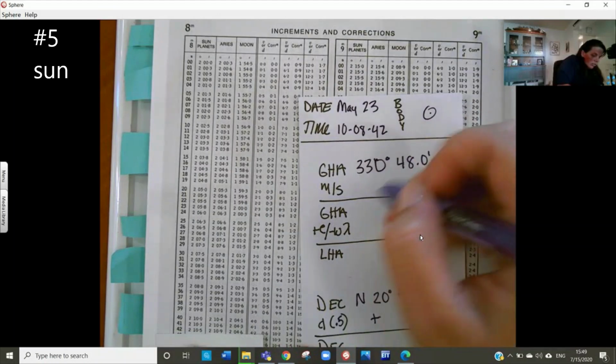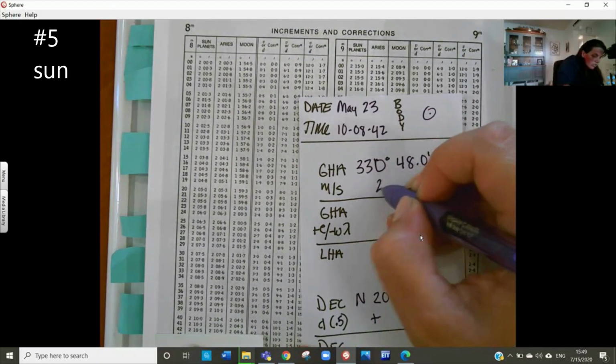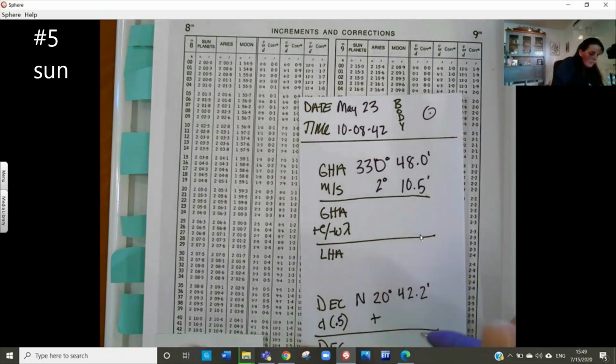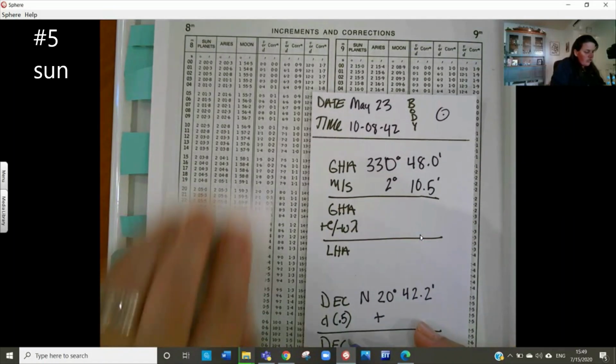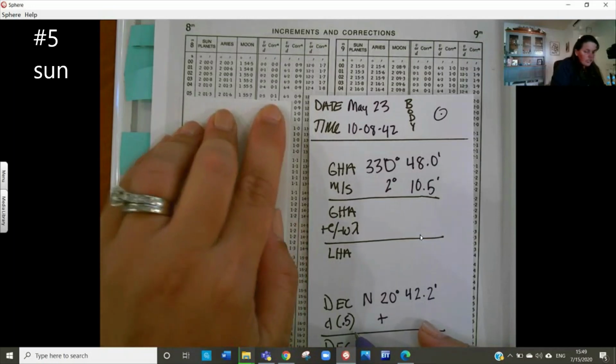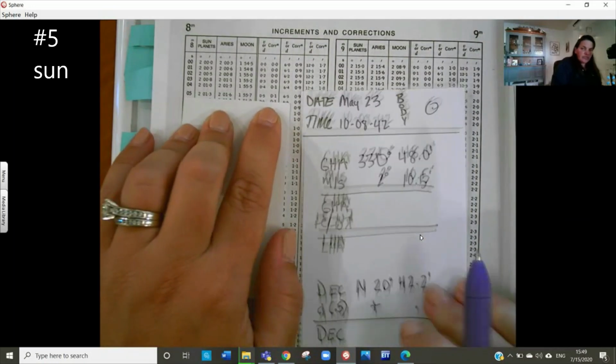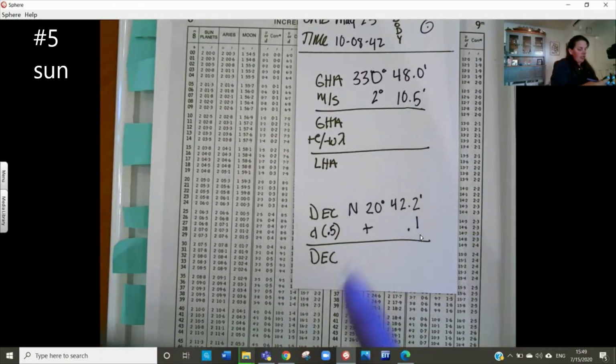So our correction is 2 degrees, 10.5. And then our little d was 0.5. So we are going to use our correction of 0.1. Now we plug in our numbers.